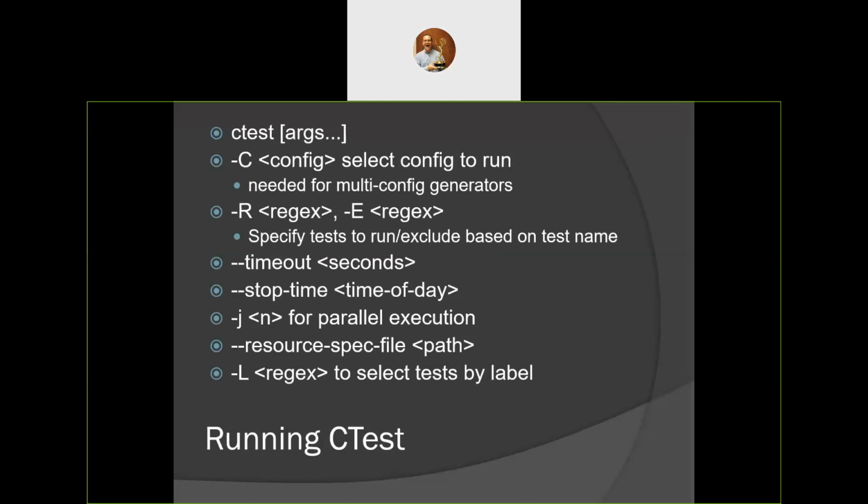There's many possible command line arguments to CTest, as you might imagine. These are some that you might need. If you're using a multi-configuration project generator like Visual Studio, then when you run CTest, you'll want to tell it the configuration that you want it to run, because if you haven't built the release configuration, then the test executables for a release configuration won't exist. Only if those test executables are targets that are built by CMake.